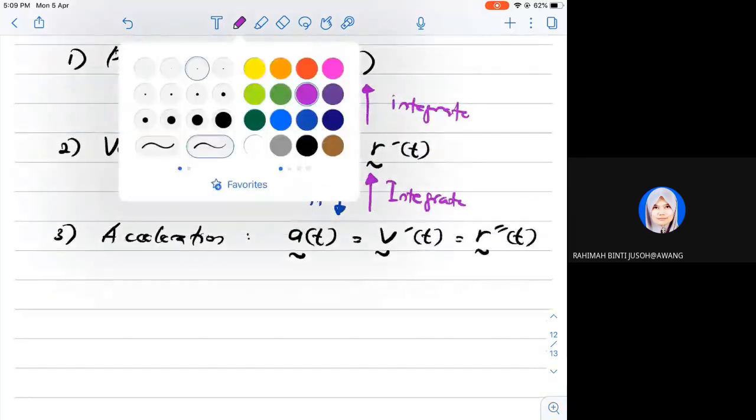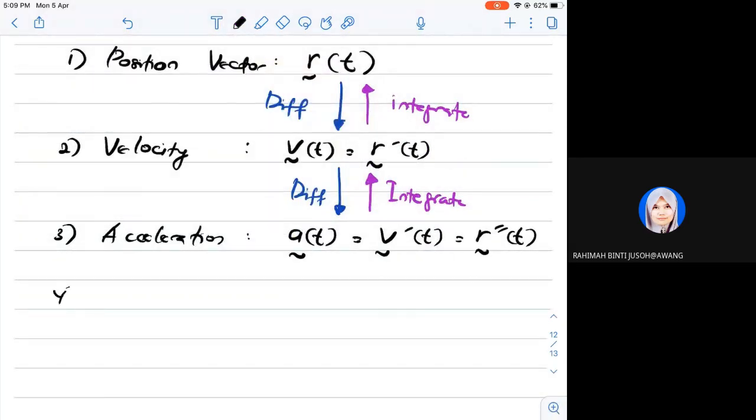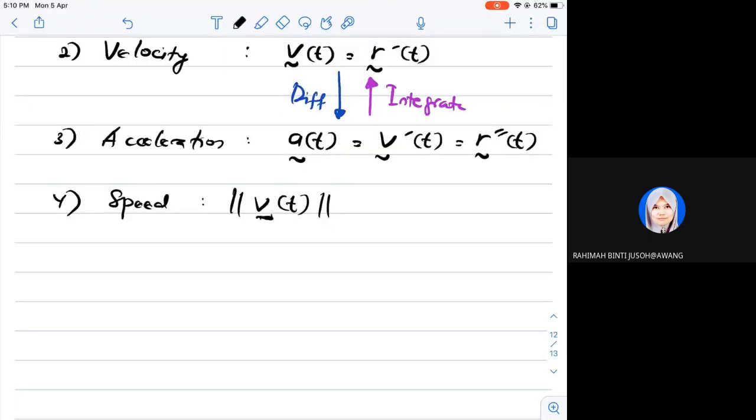Okay. Number 4 kita juga ada speed. Speed formula dia adalah magnitude of V. So magnitude ni simple je lah macam tadi kita cari magnitude tu. Okay, lagi apa? Tangential component of acceleration.